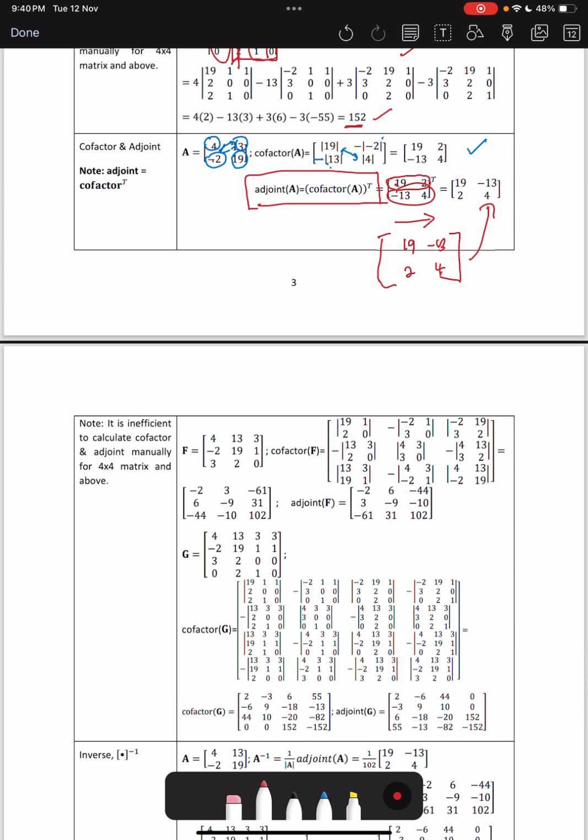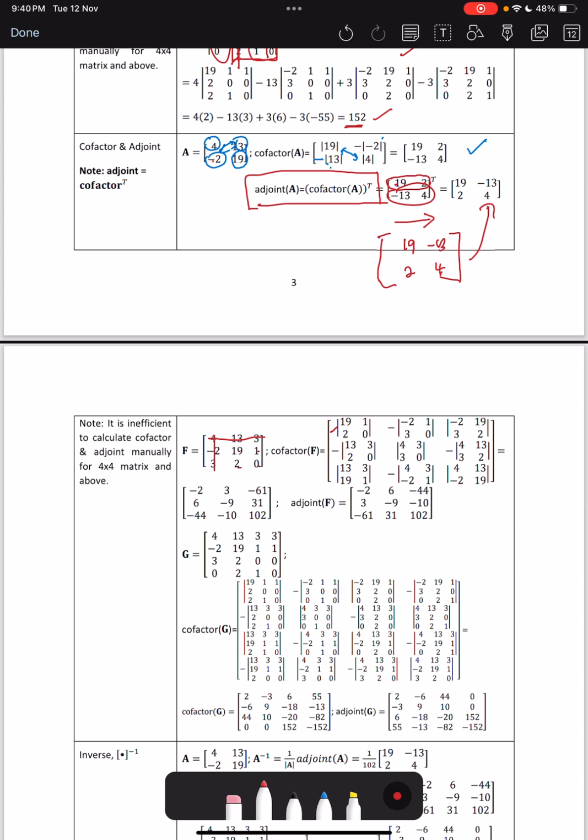But if it's 3 times 3, for the cofactor of that matrix, first you take this one, the first row and also column, so leave it with 19 and this one: 19, 1, 2 and 0, you put here.